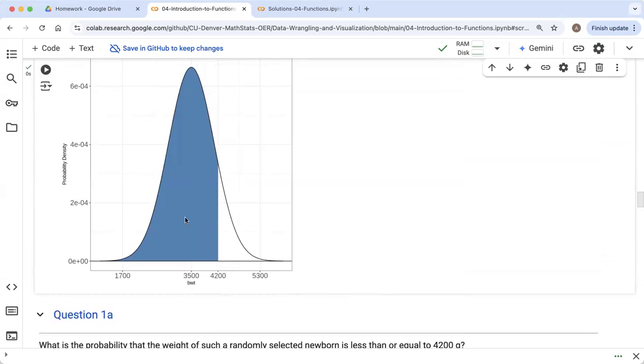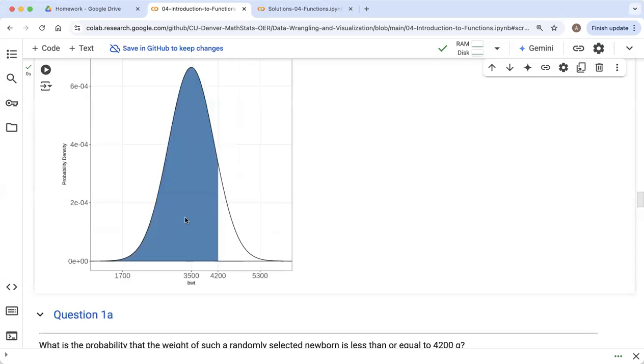And so there are different ways to do this. For those that have taken a probability or a statistics class that didn't use R, you might have used a graphing calculator, or you might have used a table. You might have found z-scores and then used a standardized normal distribution table to calculate these probabilities.